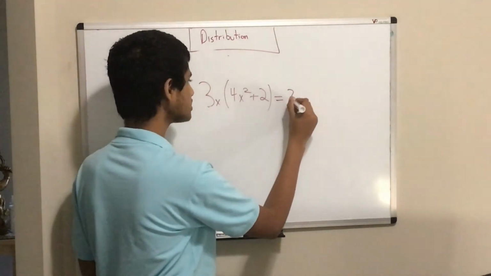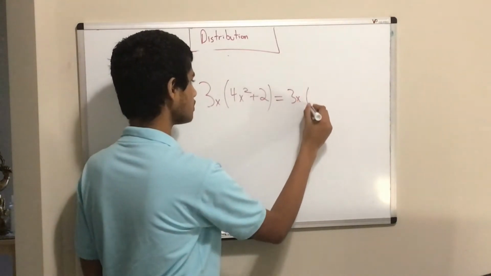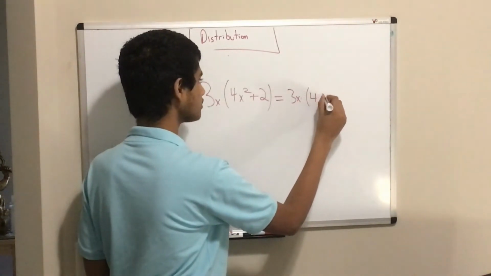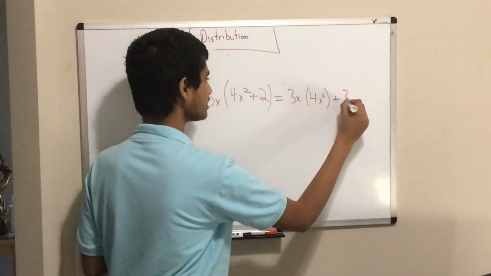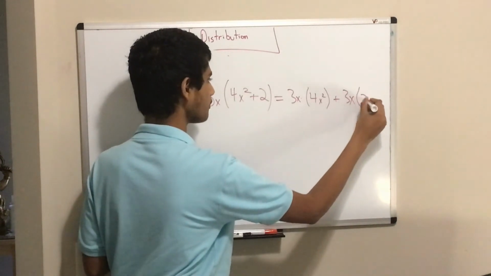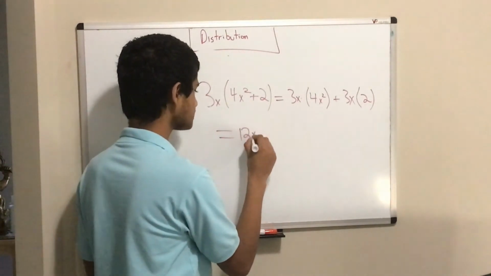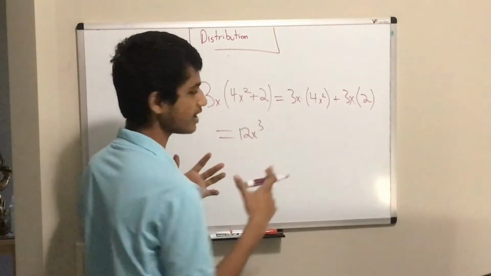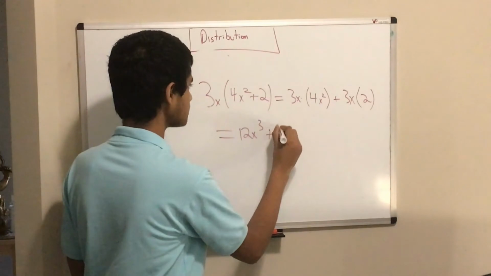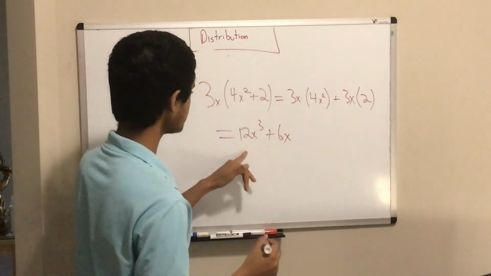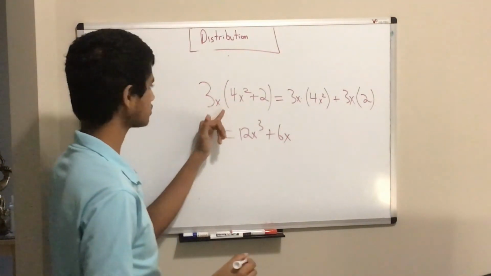What we do is 3x times 4x squared plus 3x times 2. And that's the same thing as 12x cubed, because remember how the exponent rules work, plus 6x. And that's our final answer for the distribution of this.